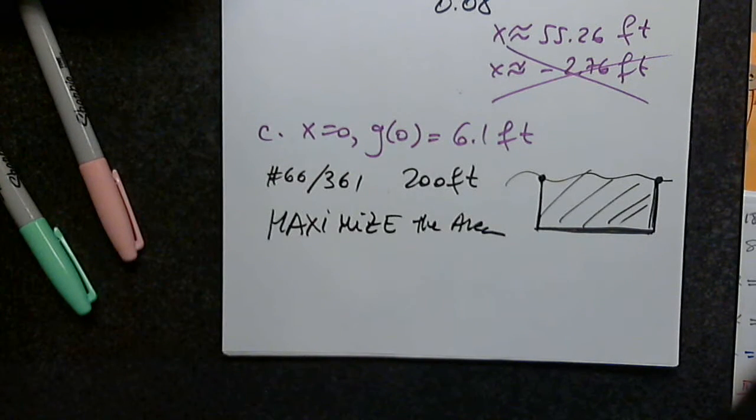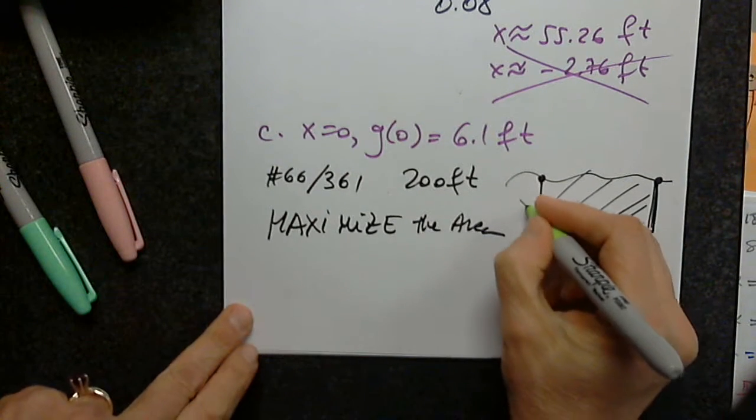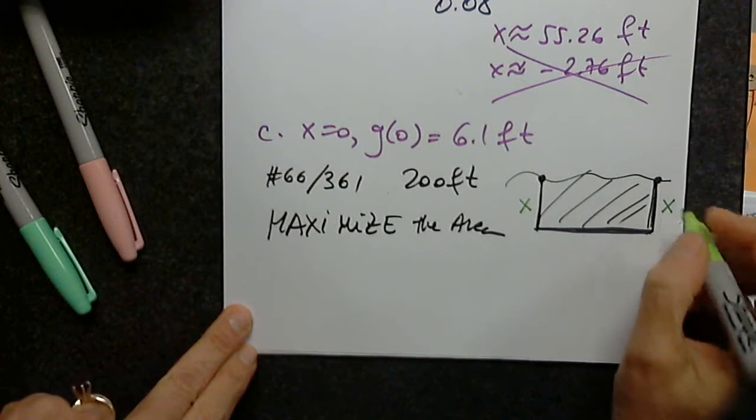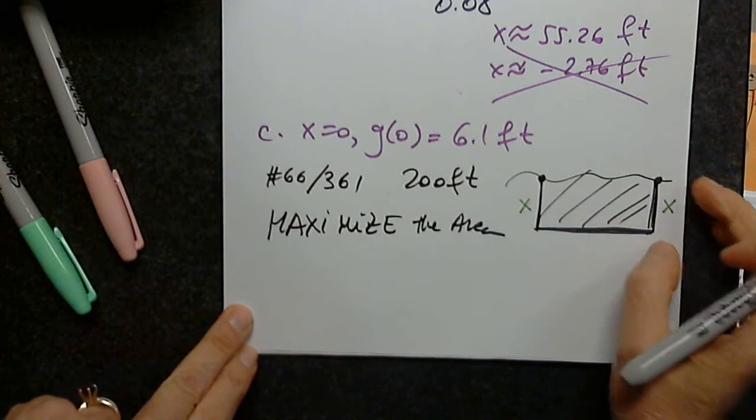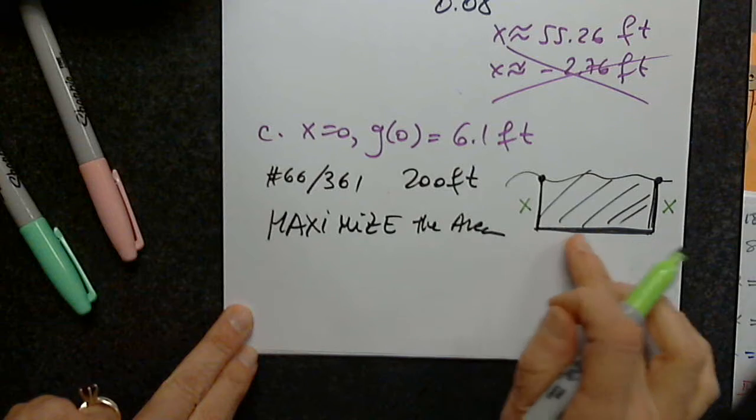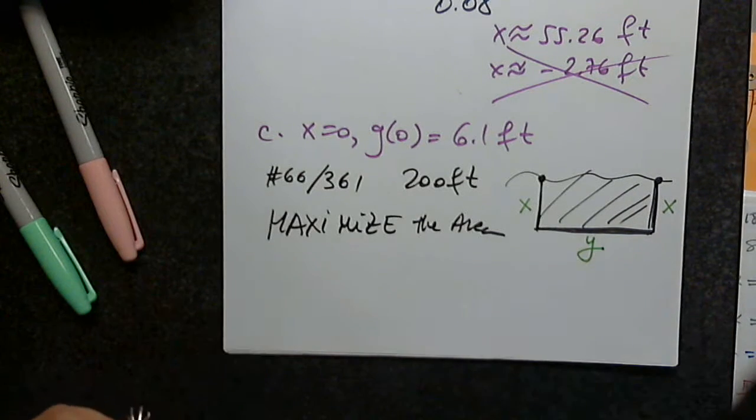What is the largest area that can be enclosed? So all we have is 200 feet of fencing, and we would like to find a way of enclosing this rectangular garden. Of course, I have to give it some names. I don't know how wide it should be, and I have no idea how long it should be.